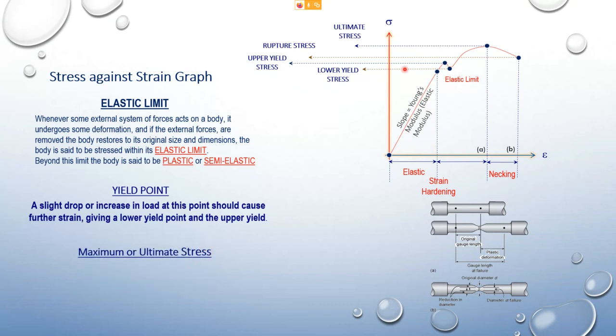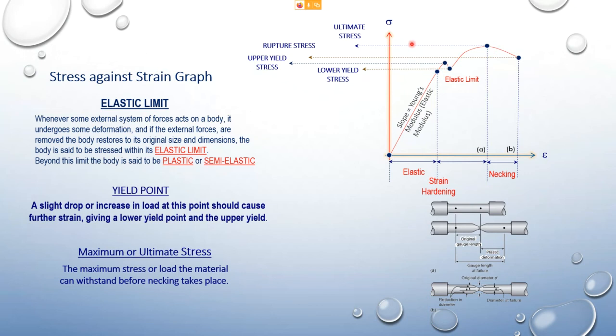Now, maximum and ultimate stress, that means at this point here, we call ultimate. That is the maximum stress or load that the material can withstand before necking takes place. Let's say this is a mild steel specimen.